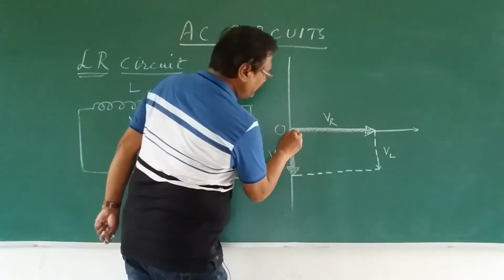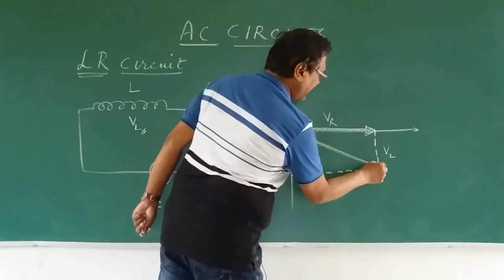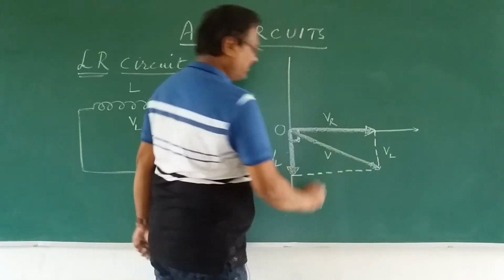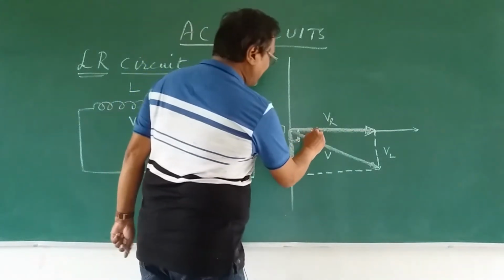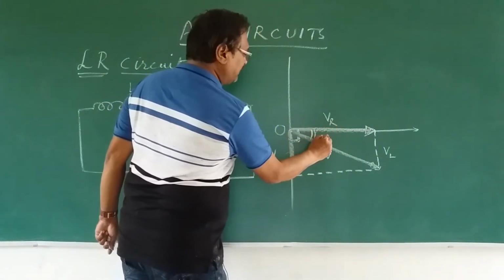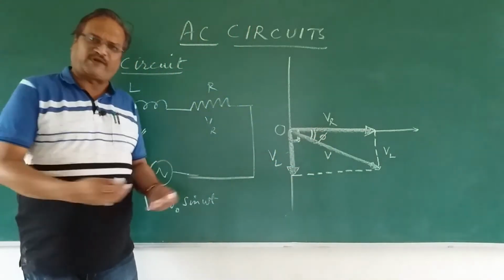Let us find the diagonal. This diagonal gives us V. Let us say the angle between the resultant and the resistor voltage is phi.